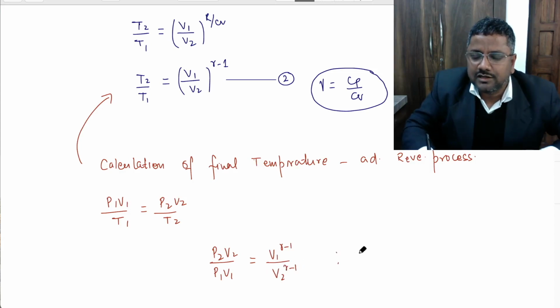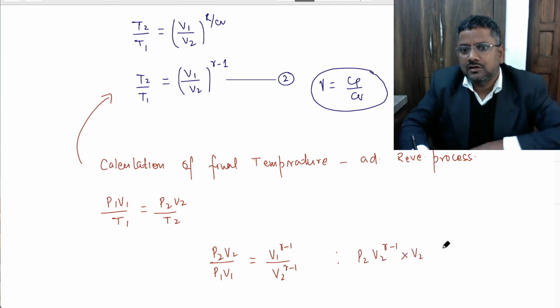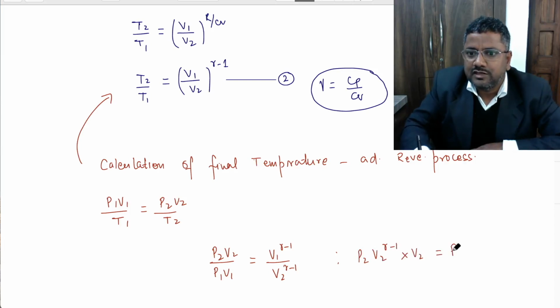So you can write P2 V2 to the power gamma minus 1 into V2 is equal to P1 V1 into V1 to the power gamma minus 1. So you can write P2 V2 to the power gamma is equal to P1 V1 to the power gamma.